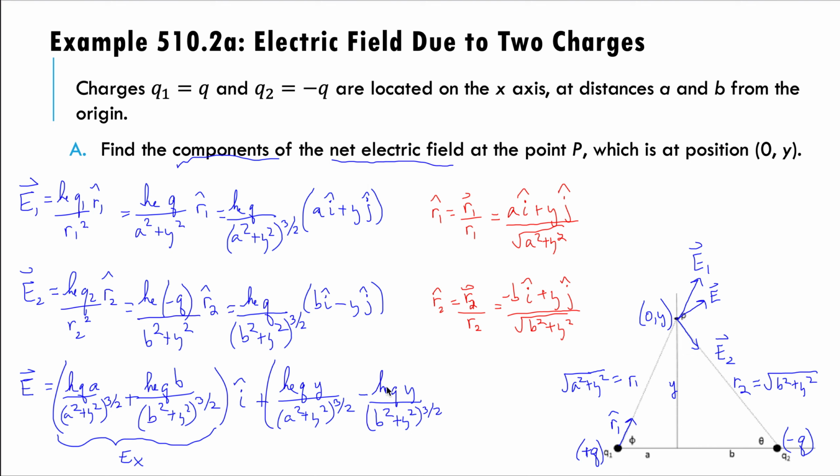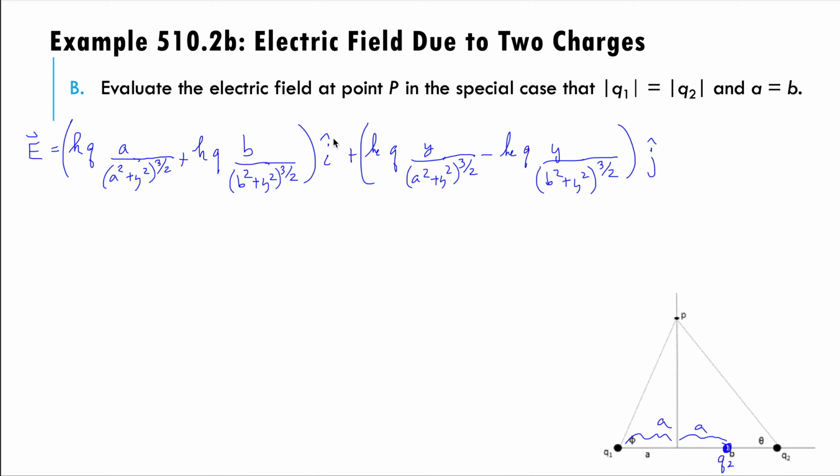All of this will be in the j direction. So we have found the x and the y components of the electric field by writing it in its component form. In the next part, we're going to simplify this a little bit so that it doesn't look so clunky.